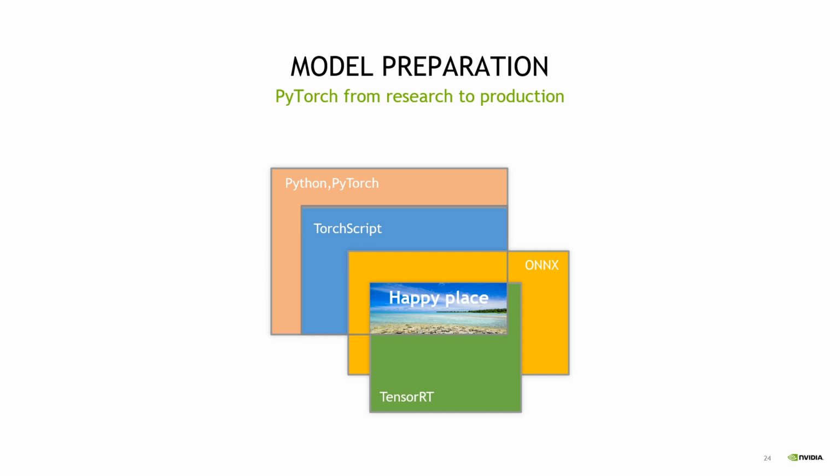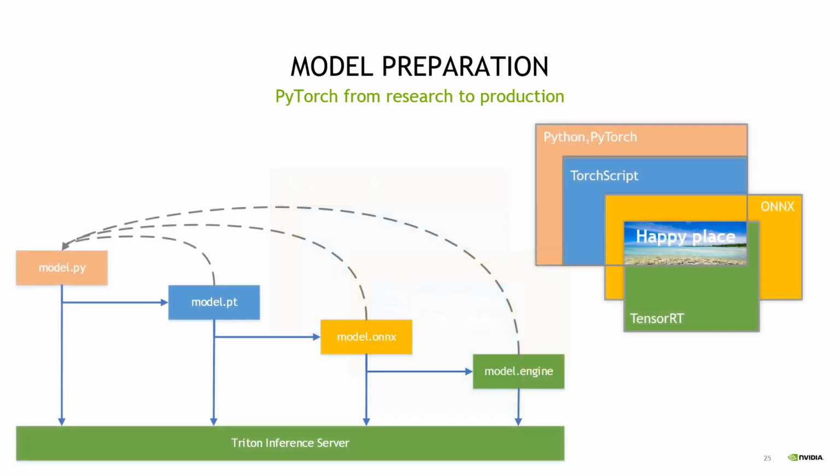In order to be successful in exporting the model, we would like to land in this area, which I called here a happy place, that has all the instructions or functionality common to all the representations.